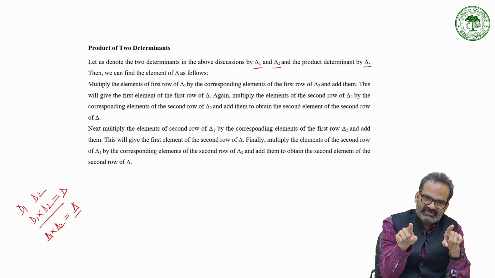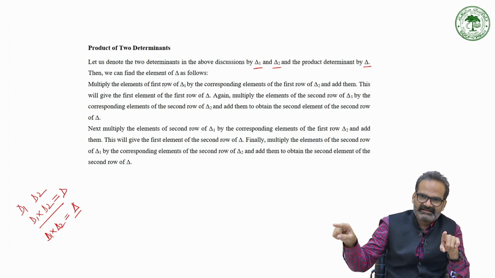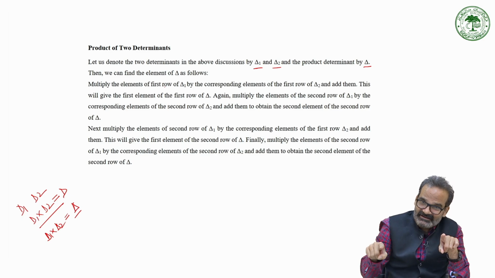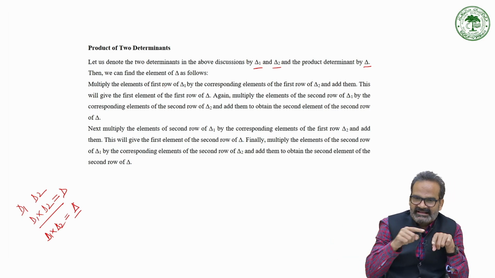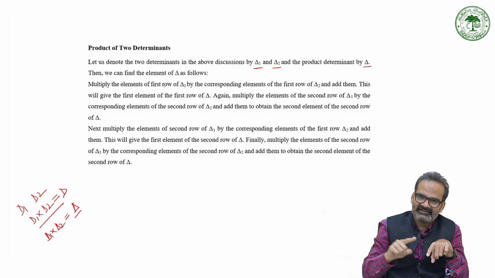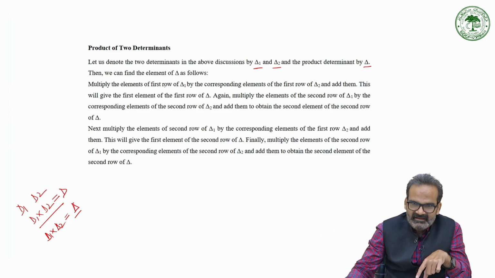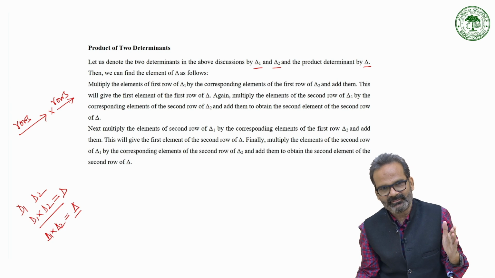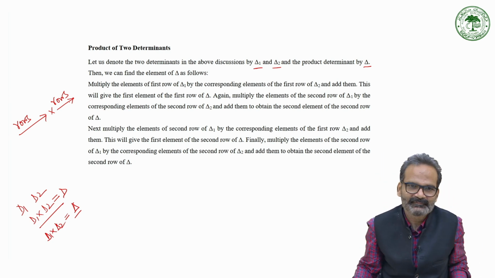Take the first row of the first determinant and multiply it with the first row of the second determinant, then with the second row of the second determinant. Then take the second row, multiply it with the first row of the second determinant, then the second row, then the third row. The difference is that here the rows are multiplied with rows. In case of matrices, rows are multiplied with the columns.